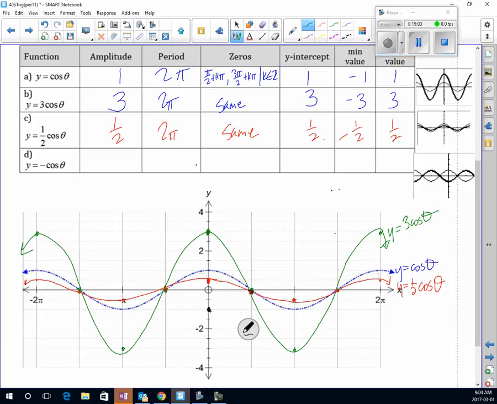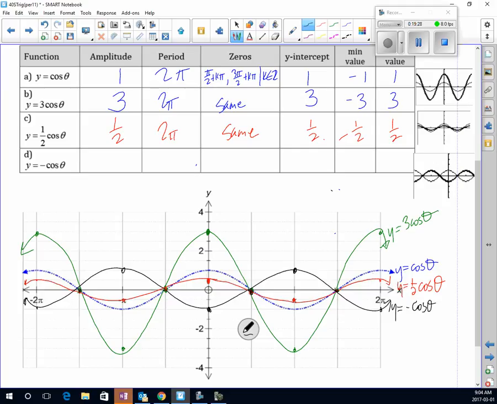The zeros are still the same. -1 becomes +1. So we continue over here. Okay, so then this is y equals negative cos x.